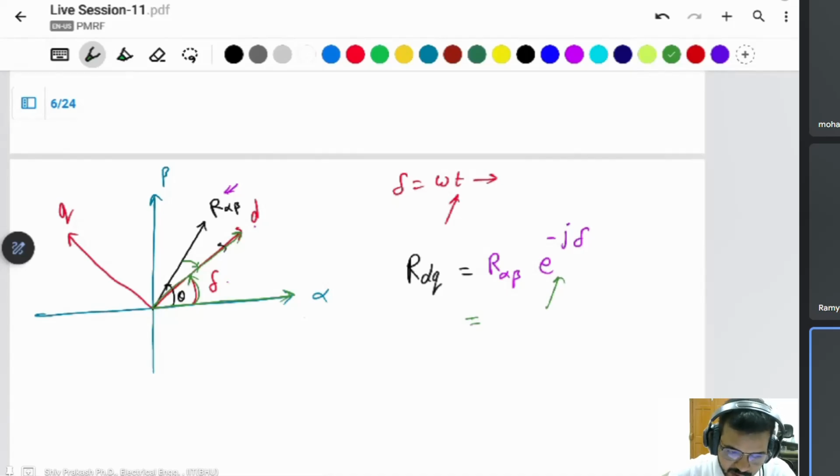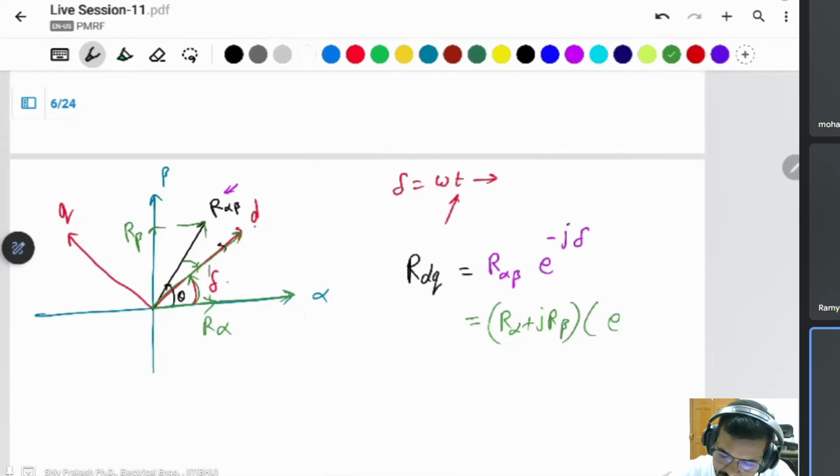If the axis-wise component is r alpha beta, you can say r alpha beta axis has some r alpha and this is r beta, r alpha plus j r beta, then e to the power of minus j delta, which you know is cos del minus j sin del. dq both have a displacement between them of 90 degrees.